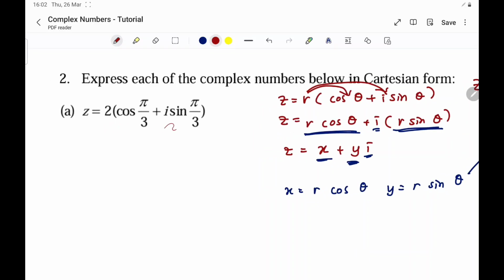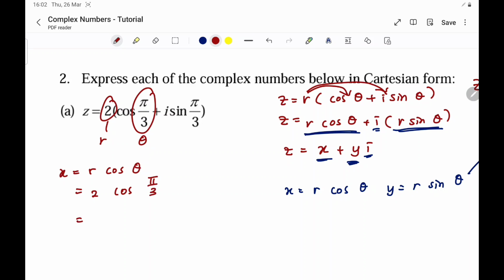From our polar form that is provided, 2 is our r, pi over 3 is our theta, and then we have to find x and y. So x is equal to r cos theta, where r is equal to 2, and theta is pi over 3.